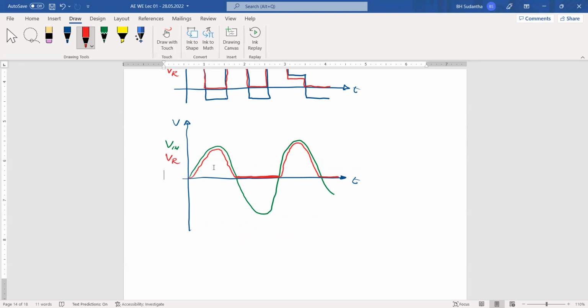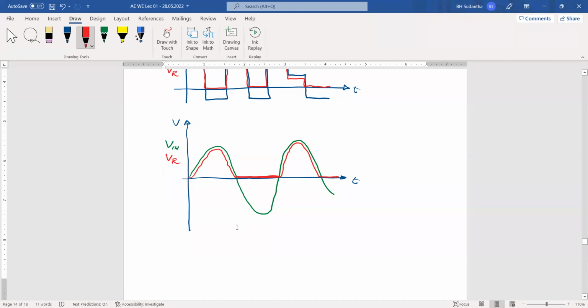As a result, we receive the input voltage less 0.7 volts from the output end of the diode. Across the resistor, we have this red one. But in the negative half cycle, the diode will be reverse biased, so no output will come through the diode. Then across the resistor, the voltage is zero. For positive cycles we have output, for negative cycles we don't have output. So that is our next application.